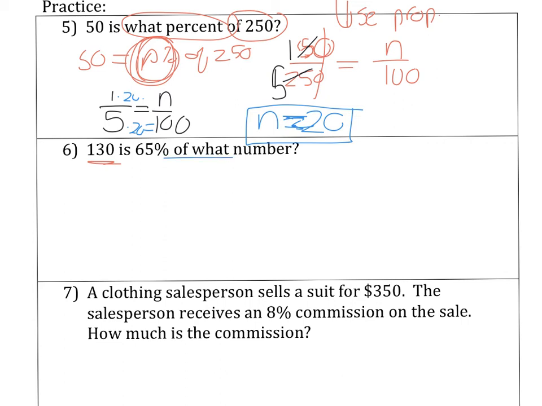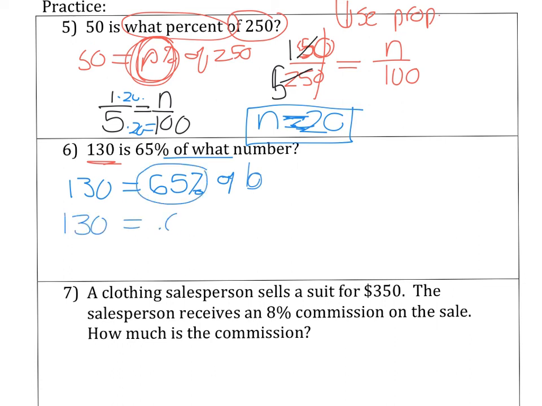For this one, let's try doing it with the equation. So it would say 130 is 65% of what number? So of what number means I'm going to say of B. So I'm going to change it to 130 equals, I'm going to change the percent to a decimal, of to times. So the equation is 130 equals 0.65b.